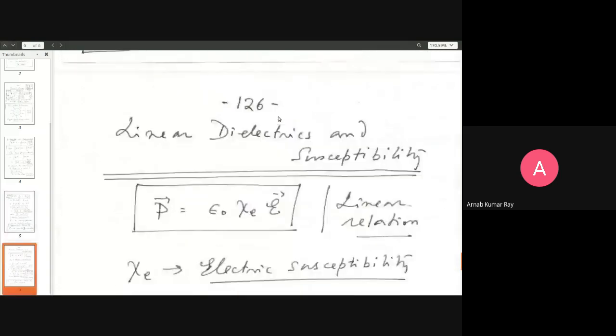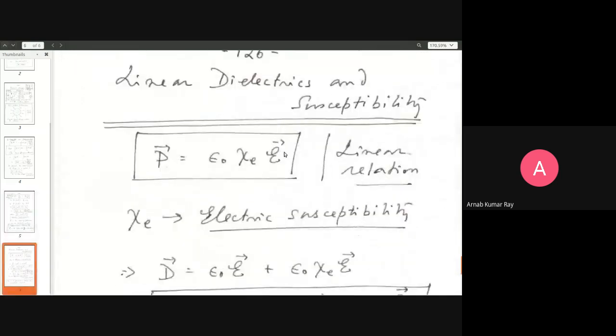So why not, for the sake of simplicity, write a relationship like this: P is equal to epsilon naught into a dimensionless quantity chi subscript E into the electric field. P and epsilon naught into E must have the same dimension.